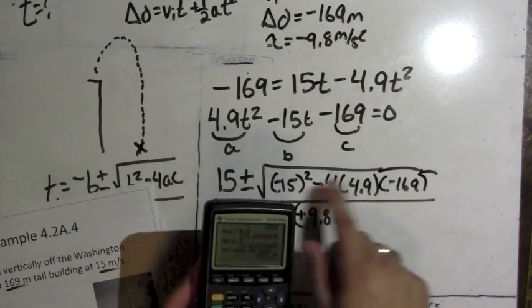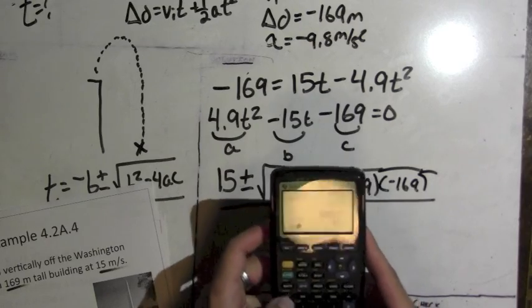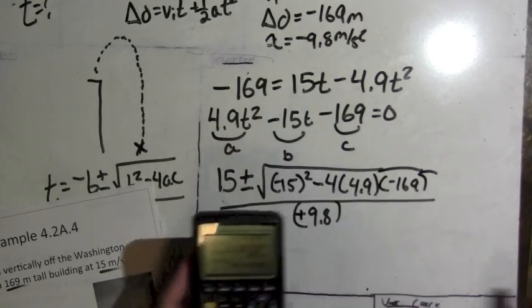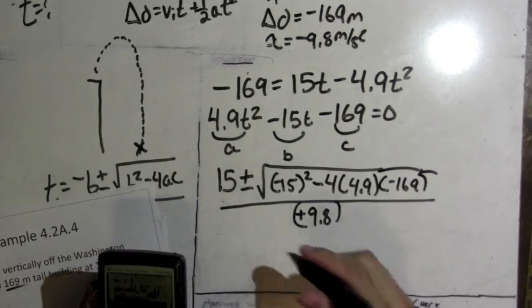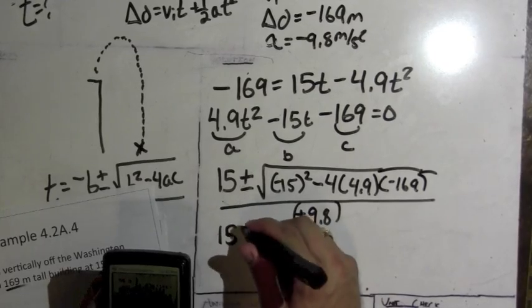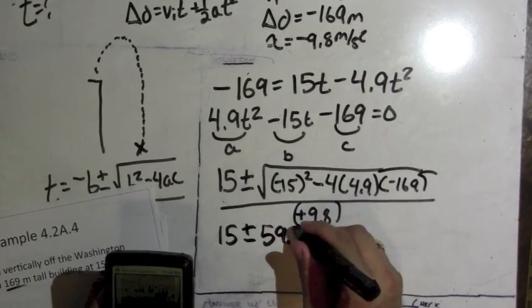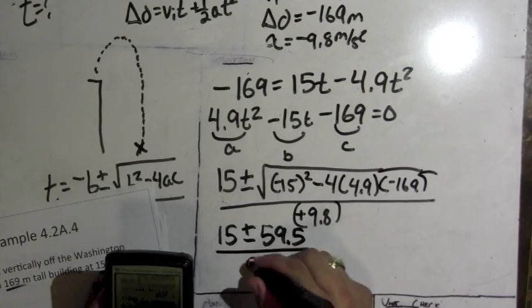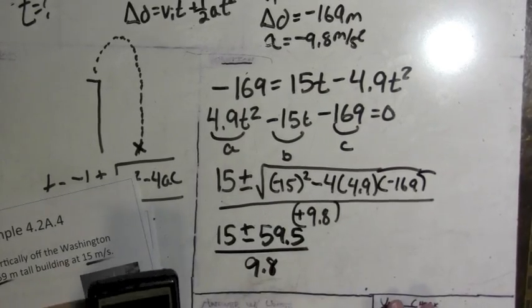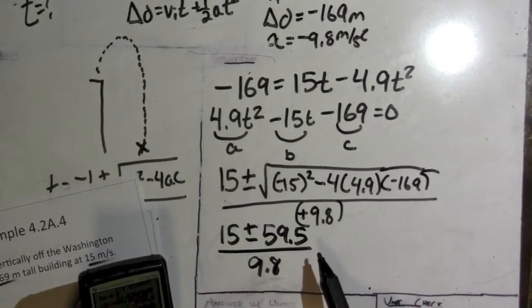But remember, that is all under the square root, so I'm going to go ahead and take the square root of that. And I'm going to say, okay, we have 15 plus or minus 59.5 divided by 9.8.